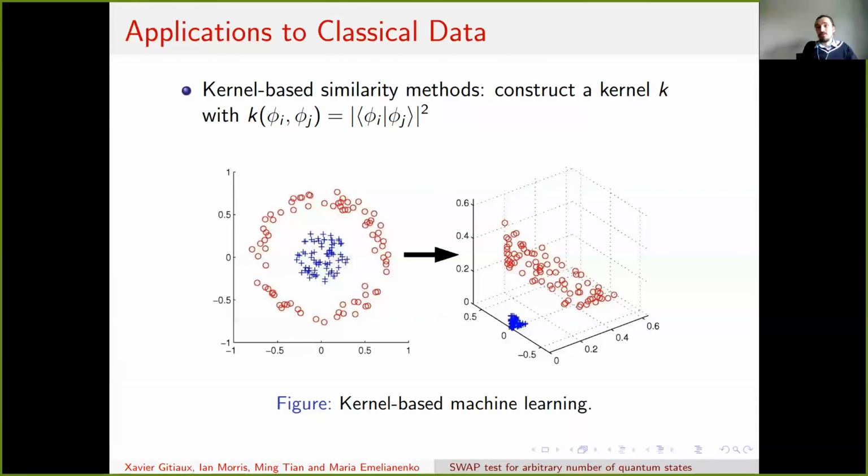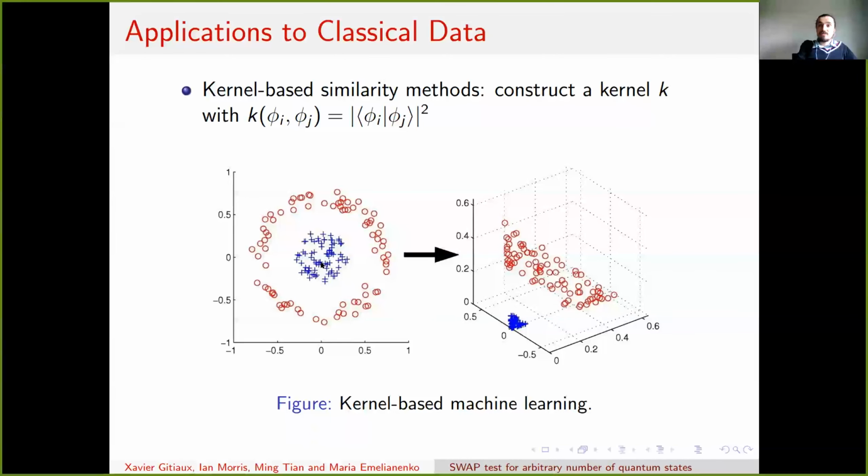A line is never going to fully separate the blue and the red. But what a lot of machine learning is about is taking this data and mapping it to another space where they will neatly separate, like the space on the right, where it's easy to find a hyperplane that will separate the blue and the red points.